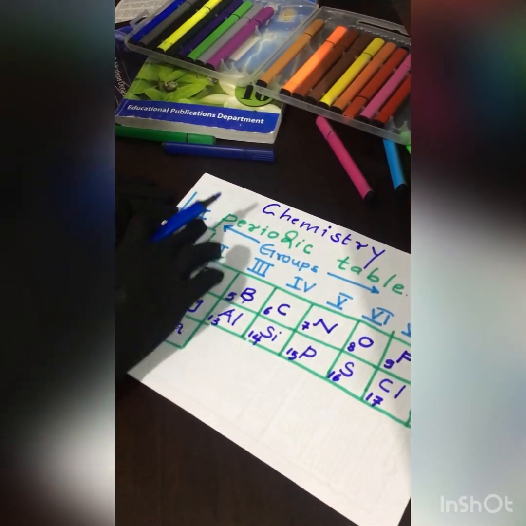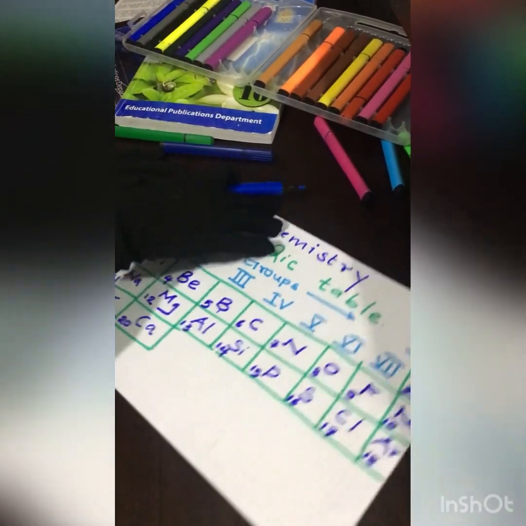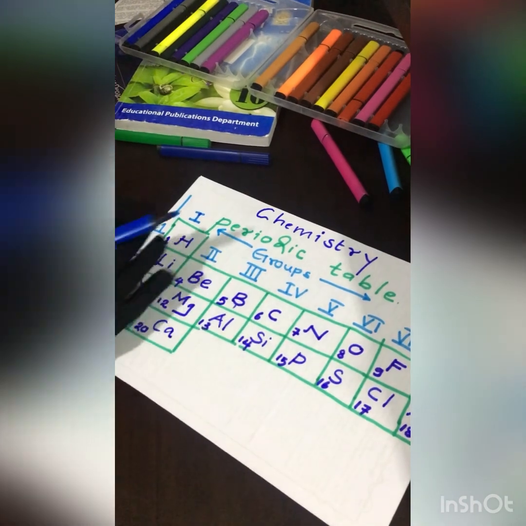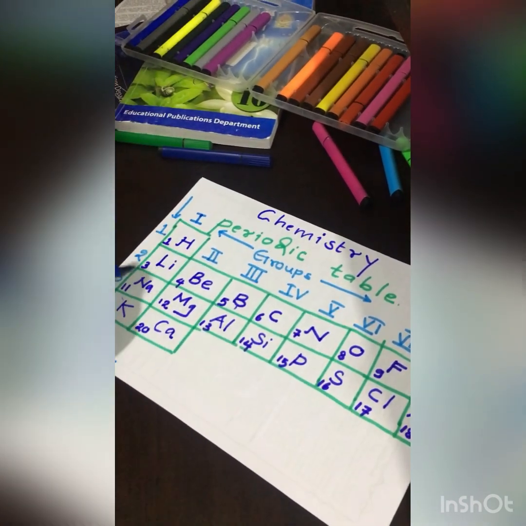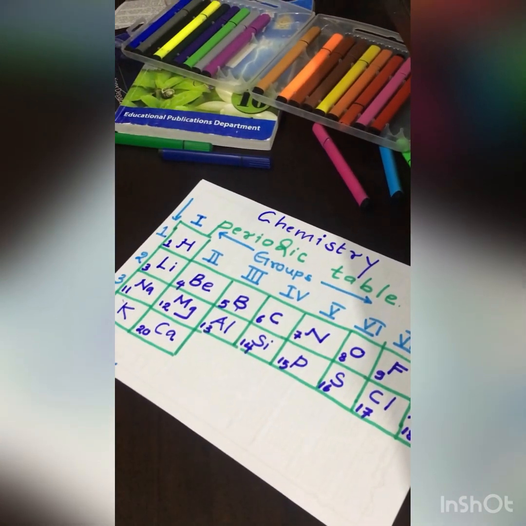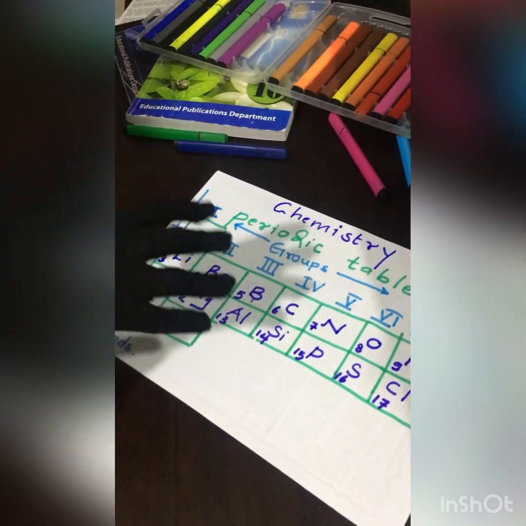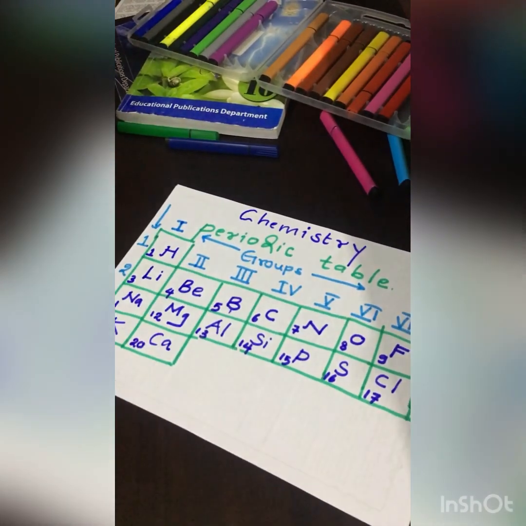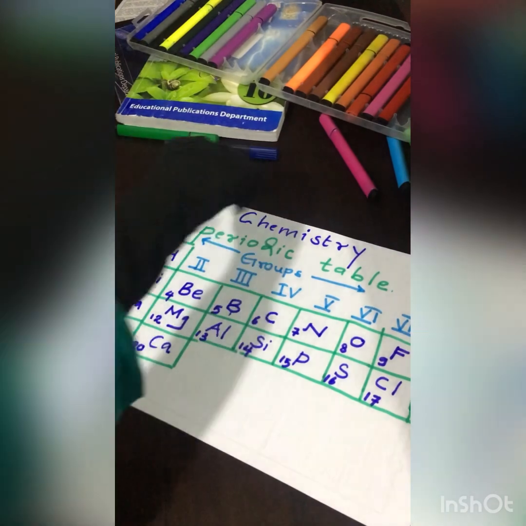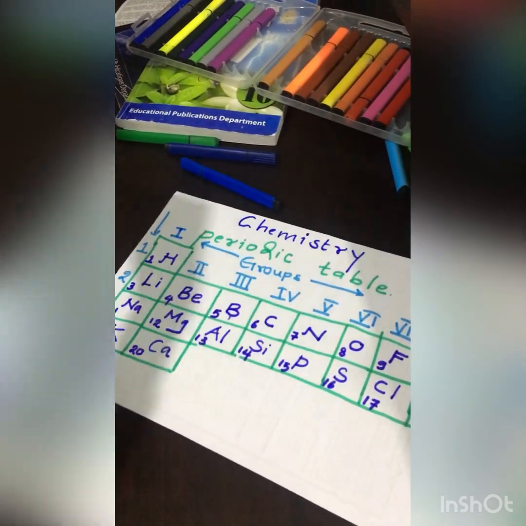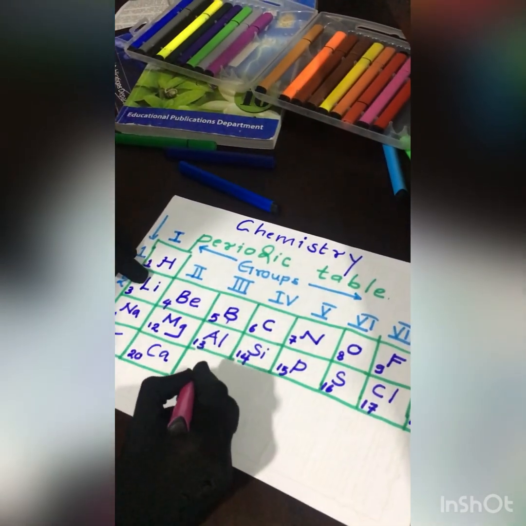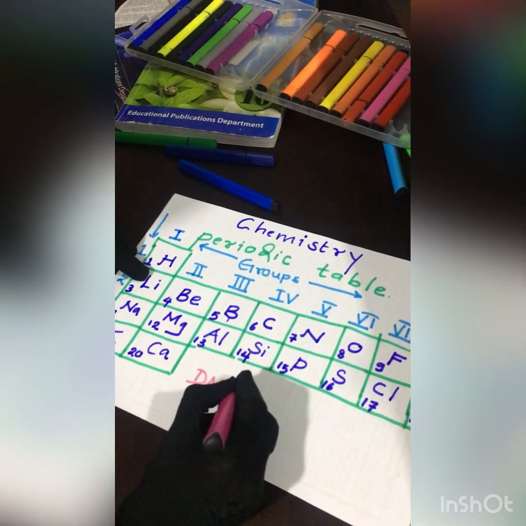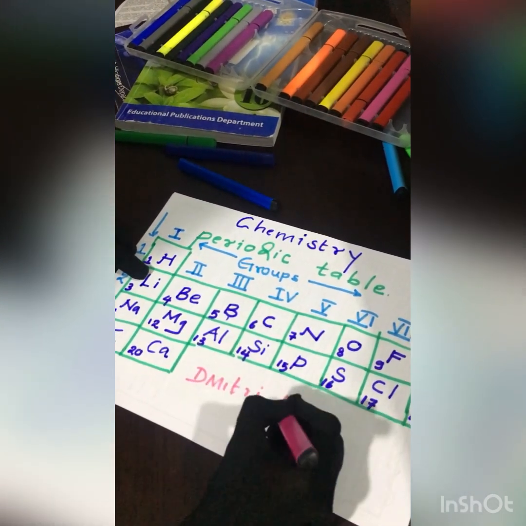We mark using Roman numbers. And there are 4 periods in the periodic table. We mark using Hindu-Arabic numbers. And this periodic table was first introduced by Dmitri Mendeleev.